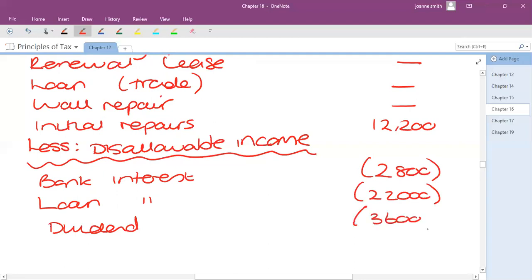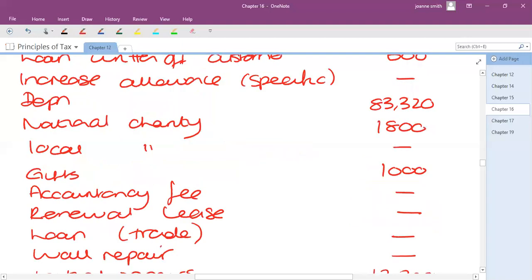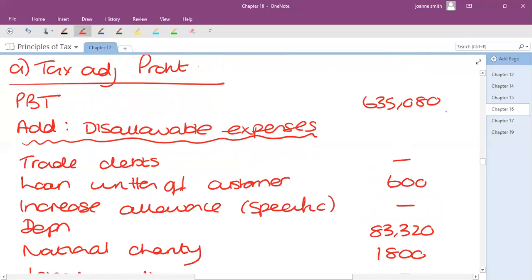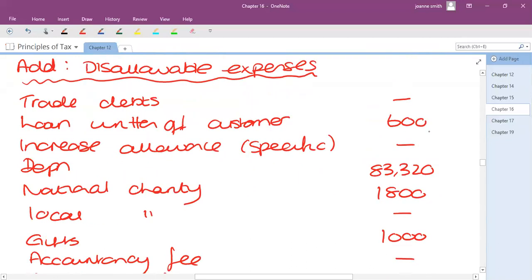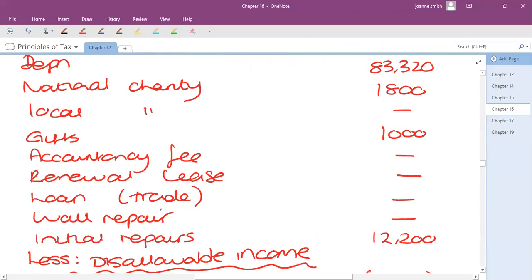So we've now analysed everything that's in that profit and loss statement. We've gone through each of those items. Starting at the top, we've got the profit in the accounts. We've disallowed the loan written off to customers because it was non-trade, depreciation specifically disallowed, national charity specifically disallowed, as is the gifts because it was food.